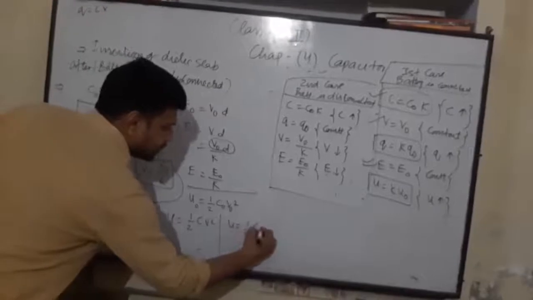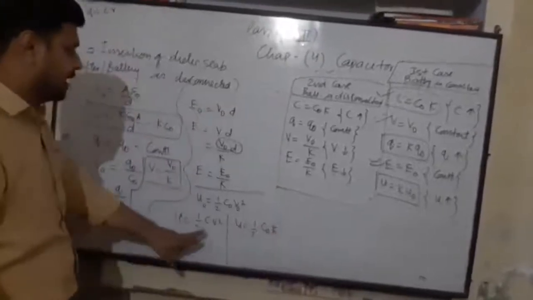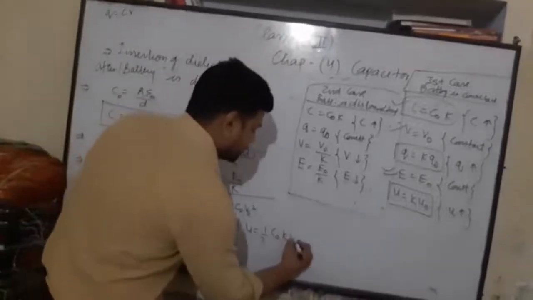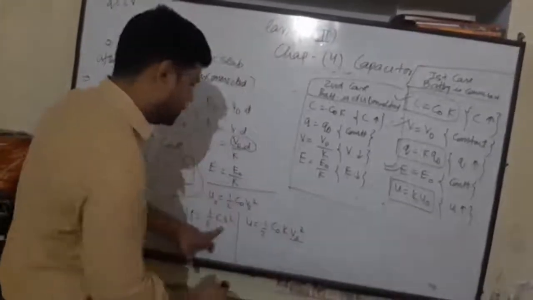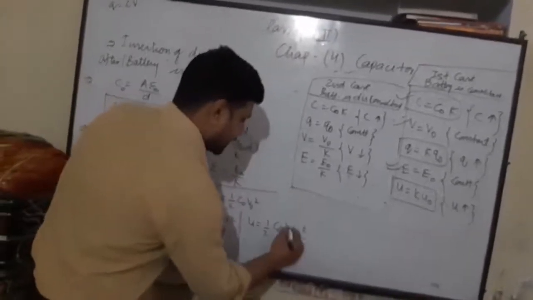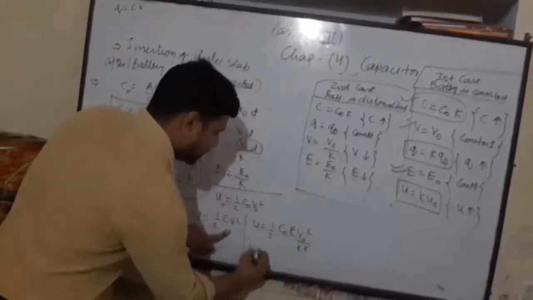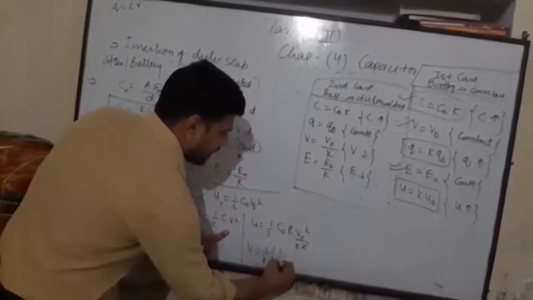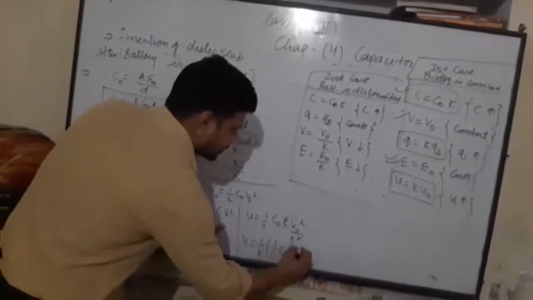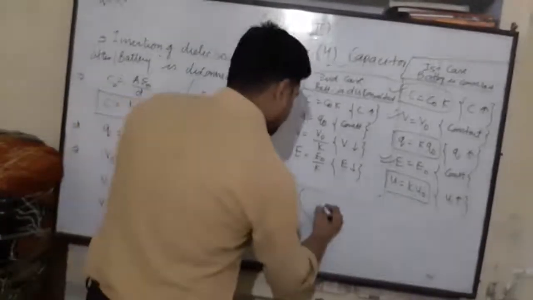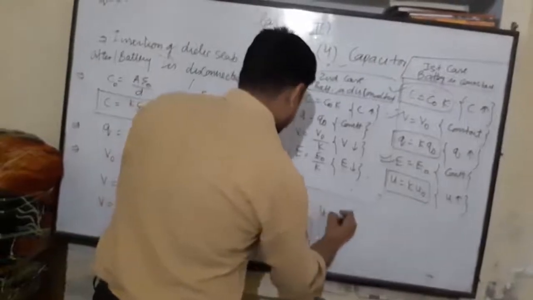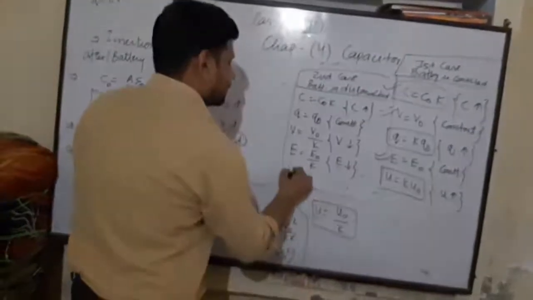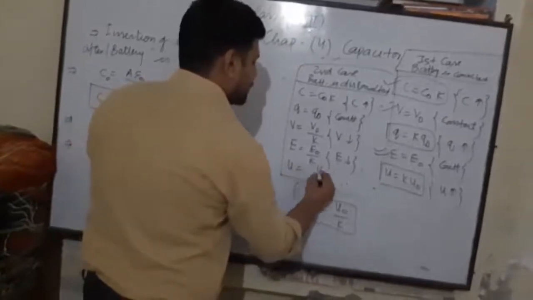C is equal to K C naught, and V is equal to V naught by K. So V square becomes V naught square over K square, cancel one K. U is equal to 1 over K of half C naught V naught square. So U is equal to U naught by K. Potential energy also decreases.